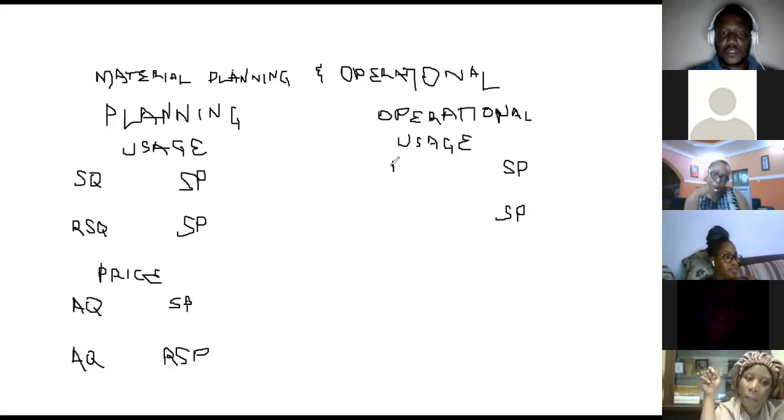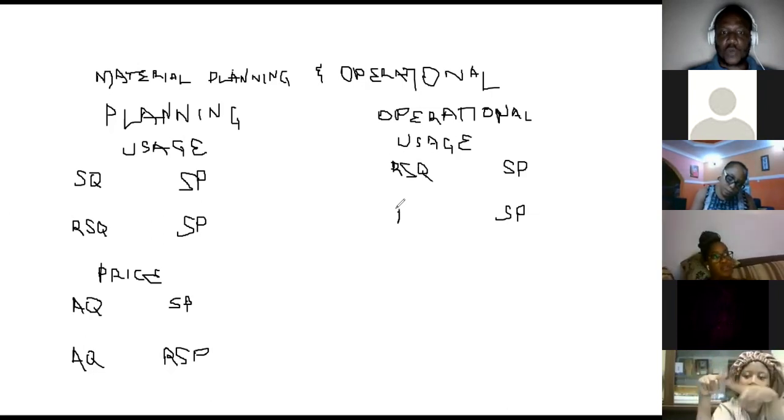Yeah. So we have our revised standard quantity, because that's usage, with our actual quantity. At this point now, you start seeing why we emphasized what we emphasized earlier on.